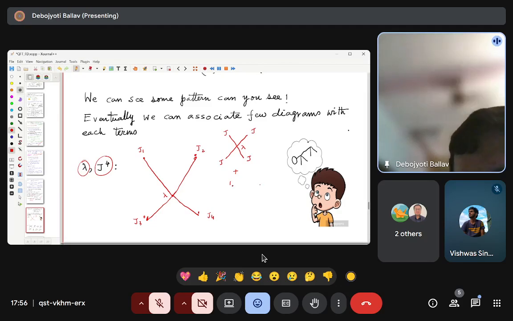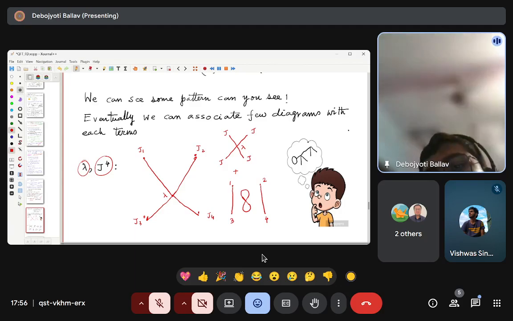This is point 1, this is point 2, 3, 4. But you can connect these two, and you can connect these two. So what about this lambda which has 4 legs? You can connect them as well. So this is like your term by term expansion. So each term you can associate with all these nice looking diagrams.